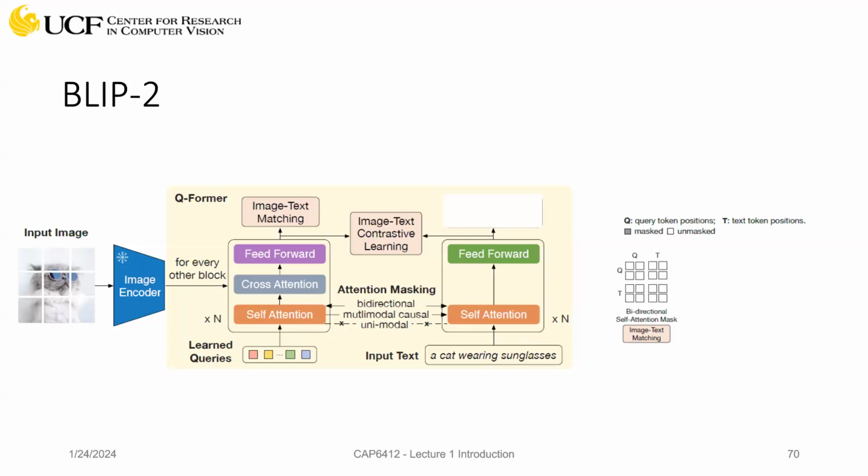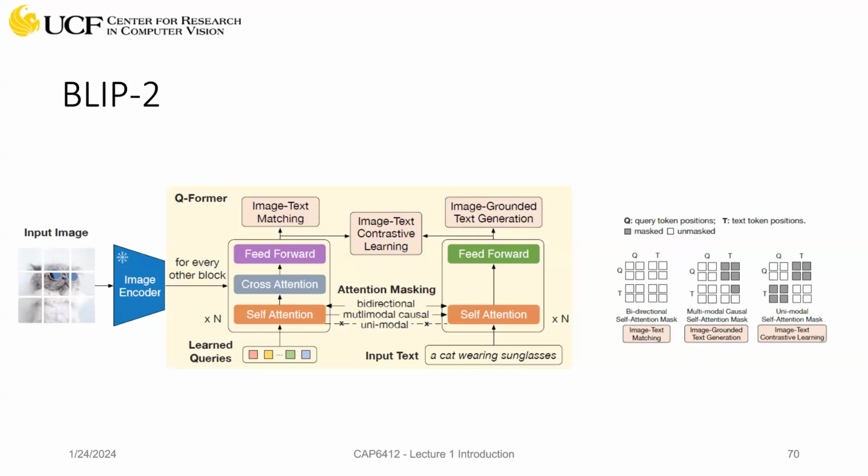Then we have the image-text contrastive mask. And then the uni-modal self-attention mask. So what's your question again? Why wouldn't we want to input the image encoded tokens into the self-attention layer and use additional masks, as opposed to using a cross-attention layer after the self-attention?